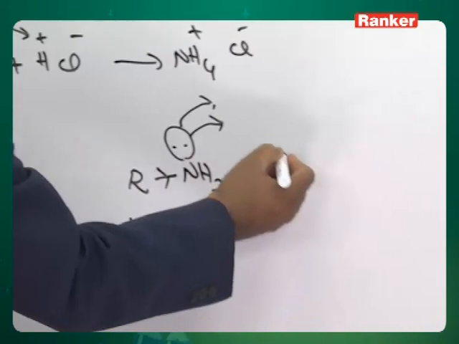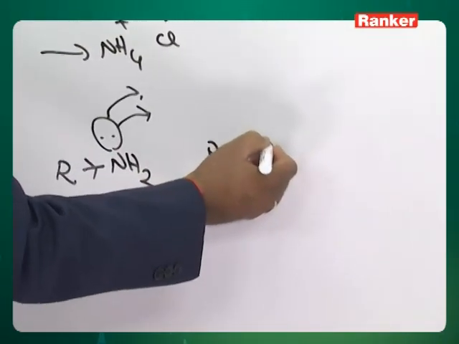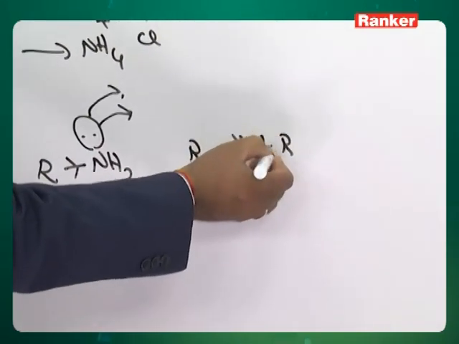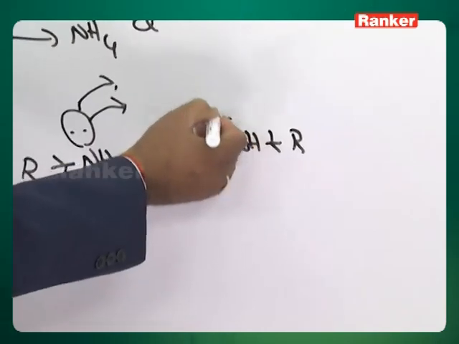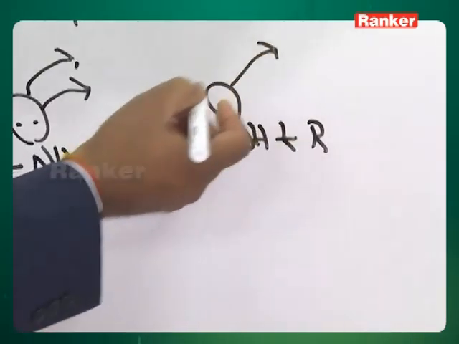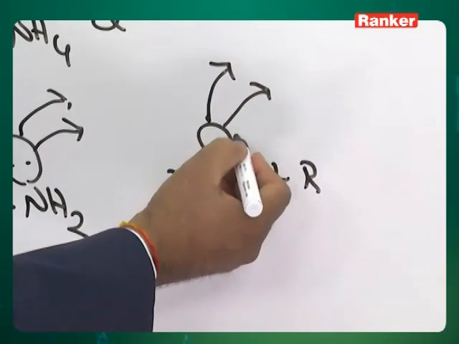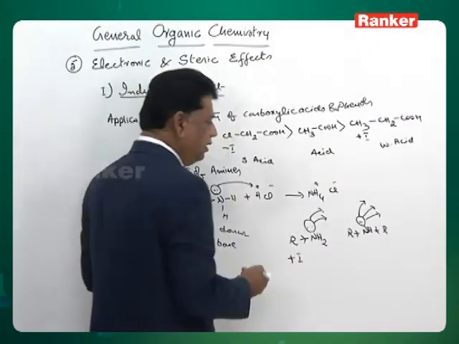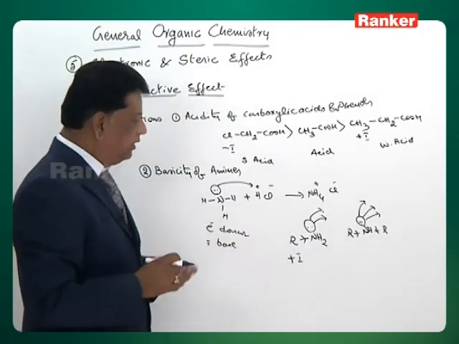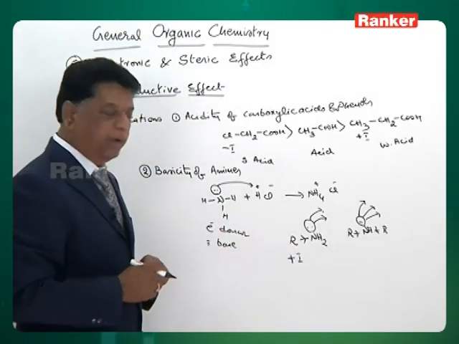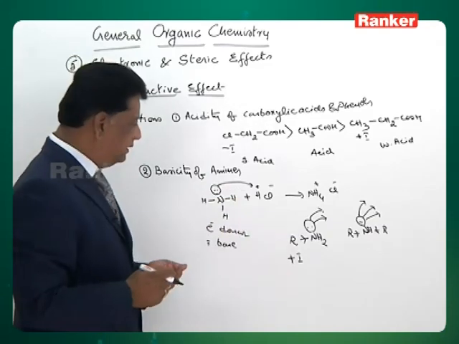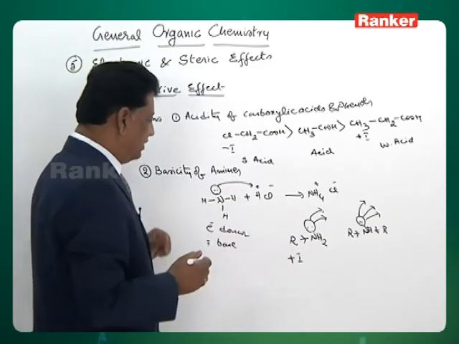Similarly, when 2 R's are there, more alkyl groups are there, therefore there is the original donating capacity, added donating capacity, and one more added donating capacity. So, naturally, you can explain that the ammonia containing 2 alkyls is found to be more basic. The values also show the same thing.